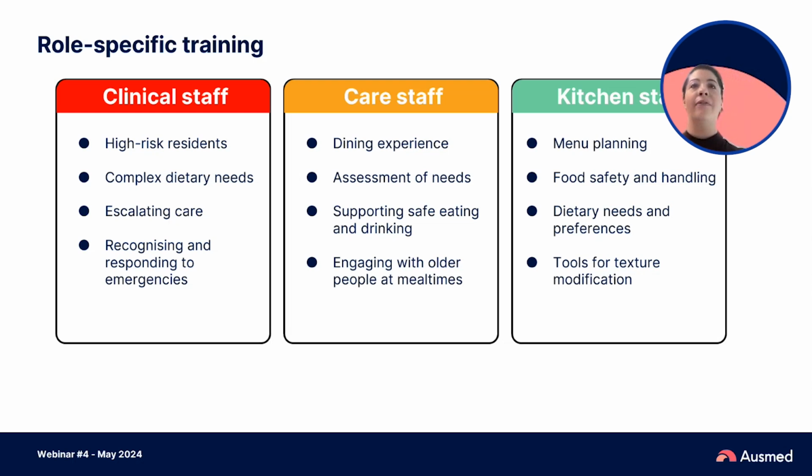Whereas your kitchen staff is around food safety and handling, and how we create those beautiful meals and menu planning. So even though there is some risk associated with Standard 6, the way that we approach it can very much be through different role-specific training.